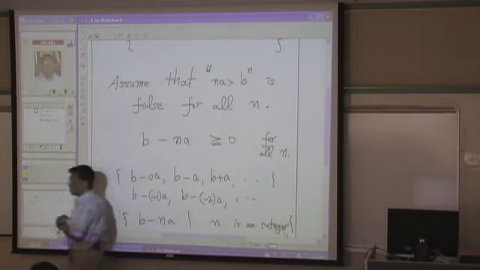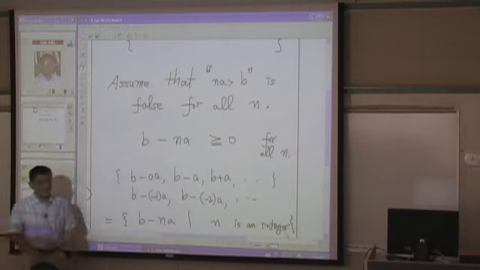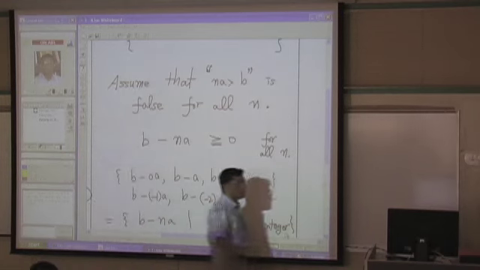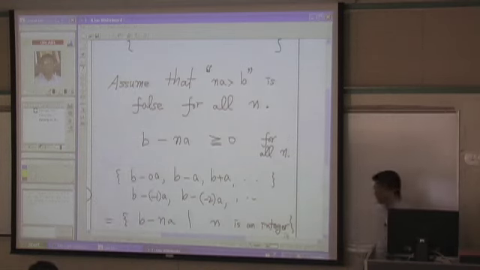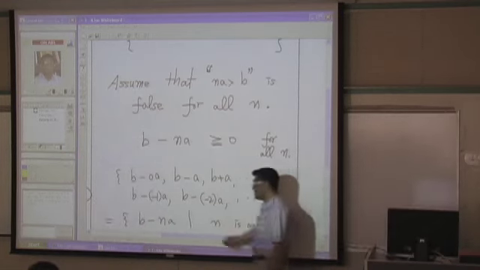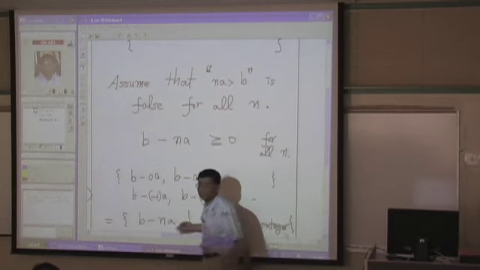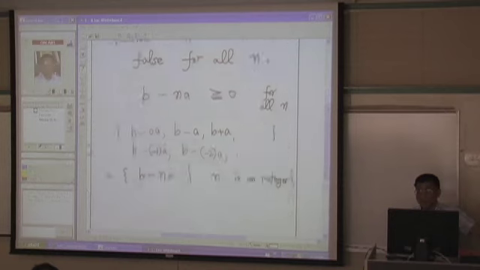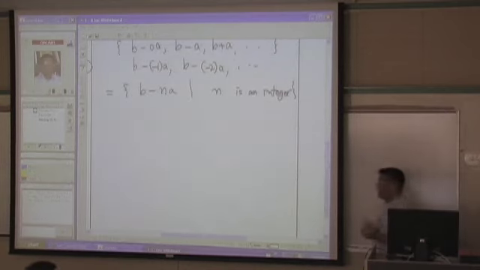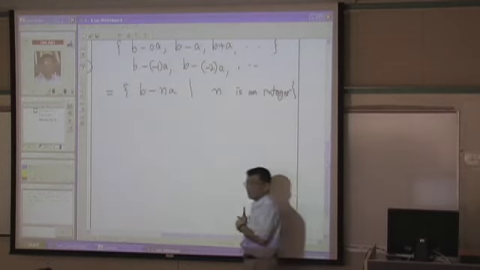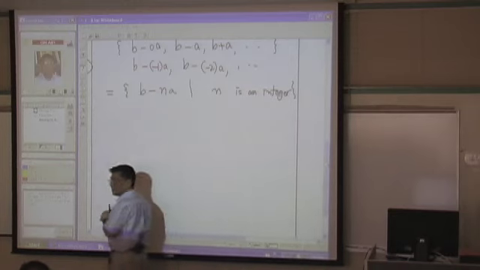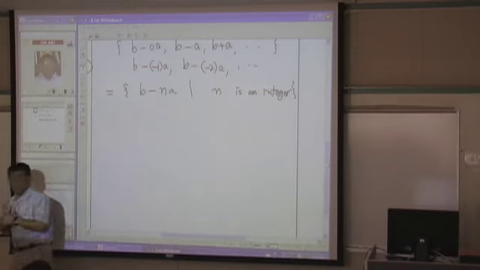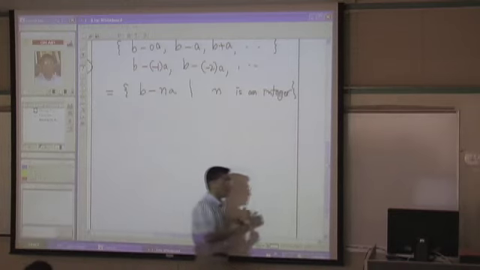And it is very trivial to show that this is non-empty, because assume that n is 0 or n is 1, then A plus B is already a non-negative integer. In any case, we created a set. We created a set. Do you follow me or not? Under this assumption that the result is false.